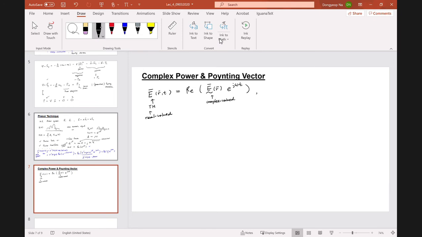In a similar fashion, the magnetic field can be written by using a phasor again with the rotating wave term.